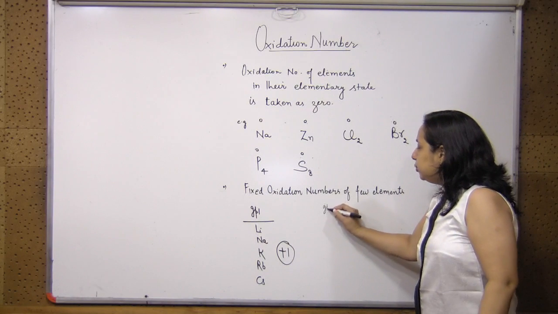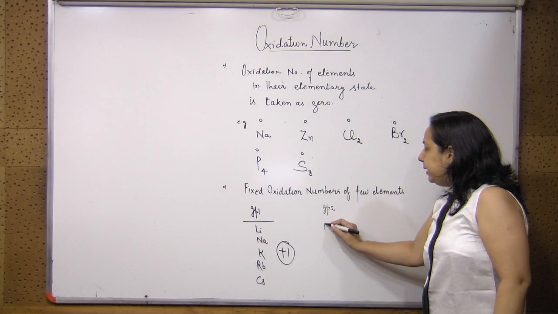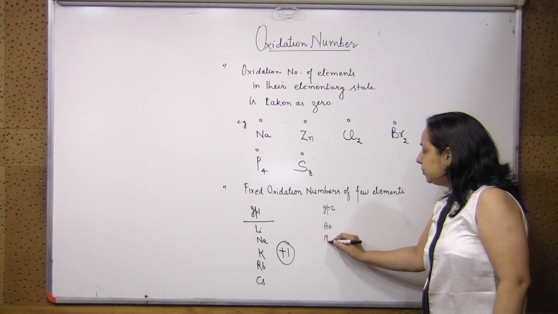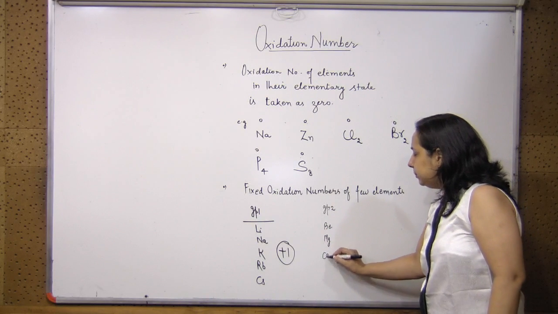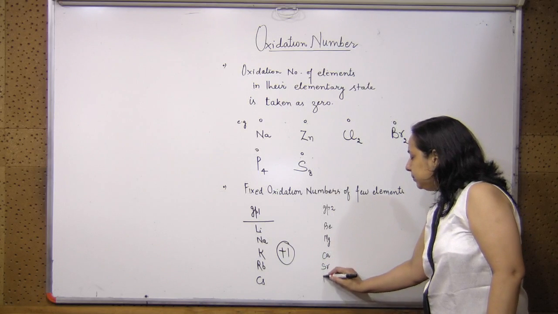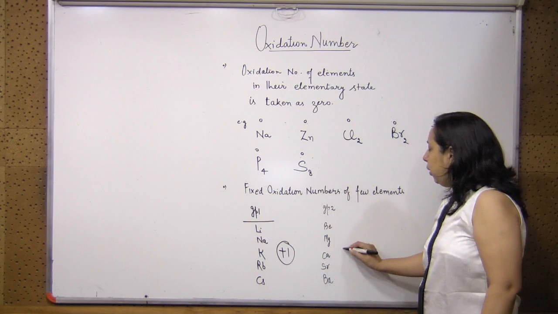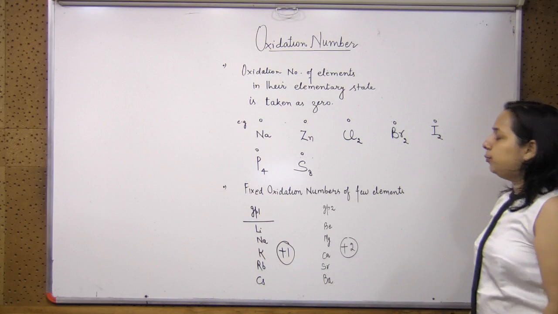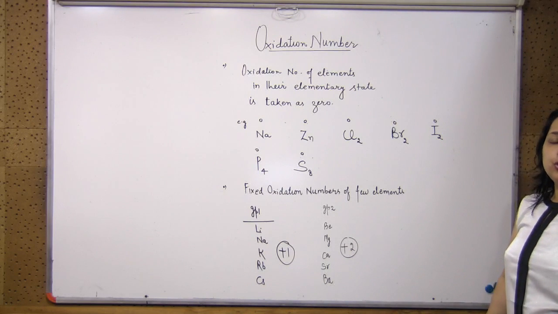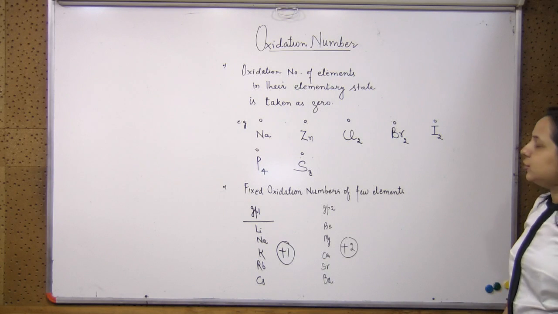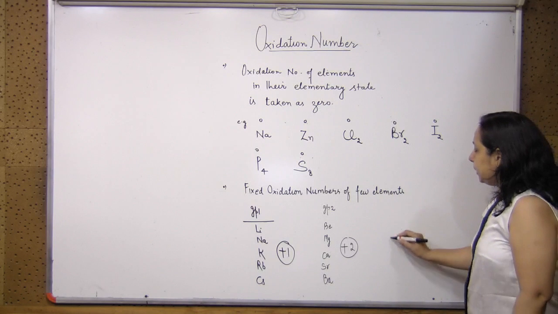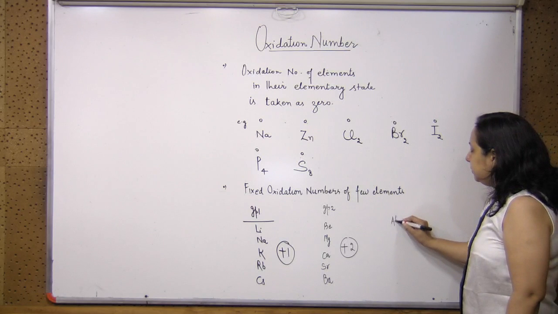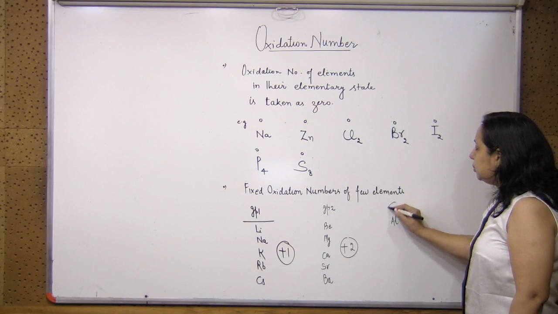Next, group 2: beryllium, magnesium, calcium, strontium, barium, always +2. It means group 1 +1, group 2 +2. Fixed oxidation numbers are there. Aluminium, always +3.